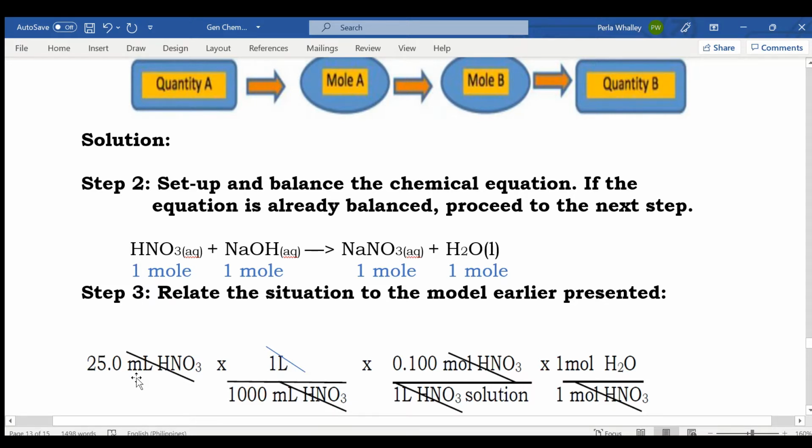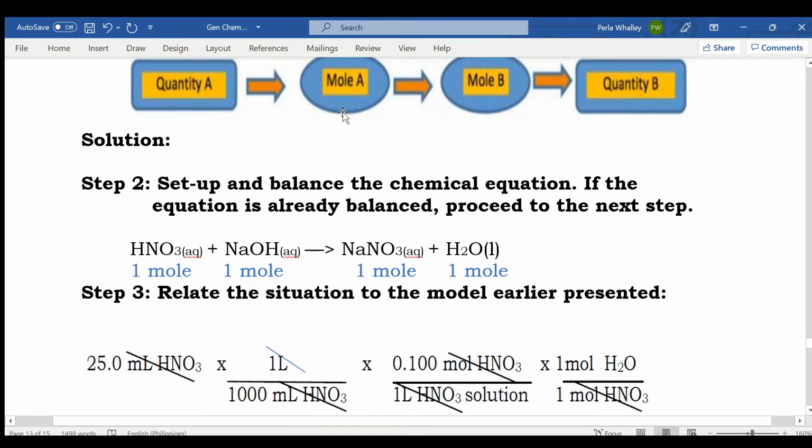We convert the mL to liters by getting that conversion of 1 liter is equal to 1000 mL.